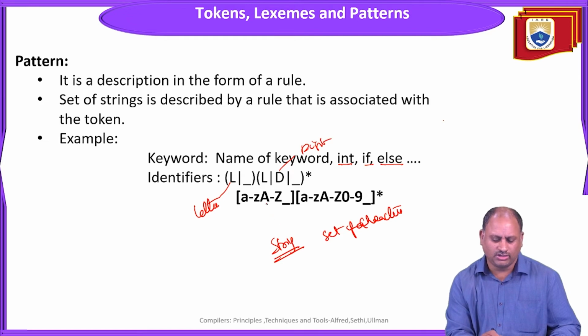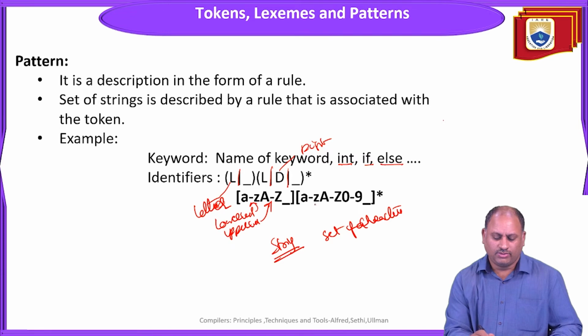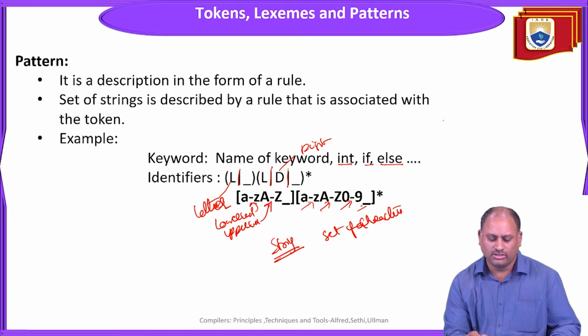So we can write a combination of a letter followed by an OR, where a vertical bar represents OR, or an underscore. That means the letter may be lowercase or uppercase, lowercase a to z, uppercase A to Z, followed by uppercase, lowercase, numerals, and then underscore.